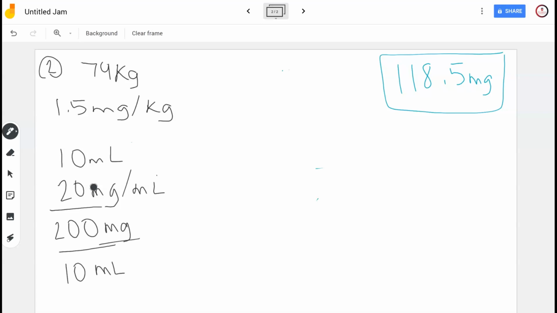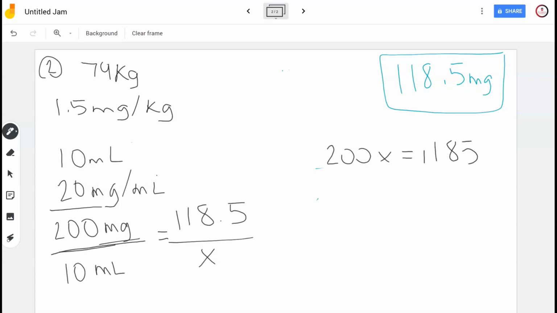So if you know that you have 200 milligrams and you need to draw up 118.5, you're going to cross multiply. So you have 200x equals 1185, because that's 10 times 118.5.